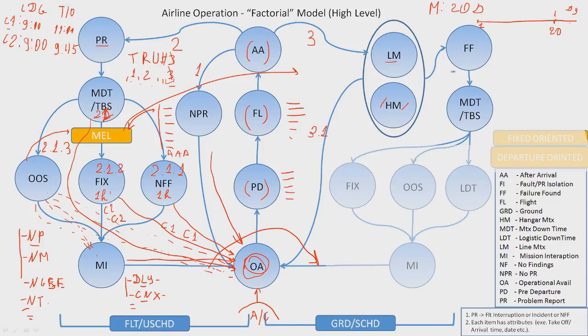So the case number 3, transition number or state number, whatever you like, 3.2. We have FF, failure found. We found something. Let's say case 1, C1. The planning department gave us a task to do the engine borescope inspection, EBI.